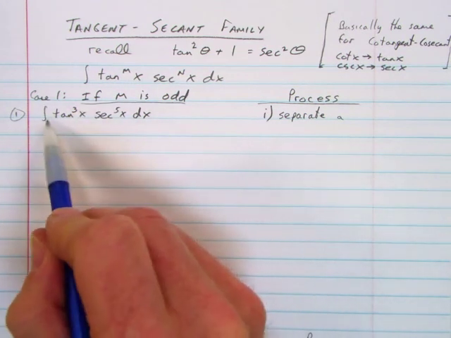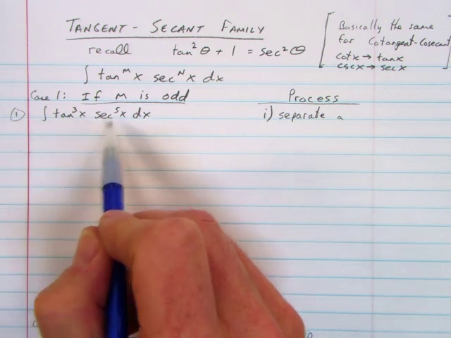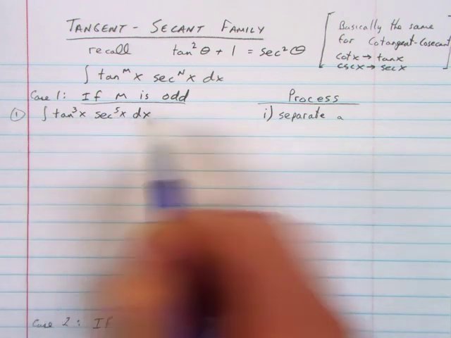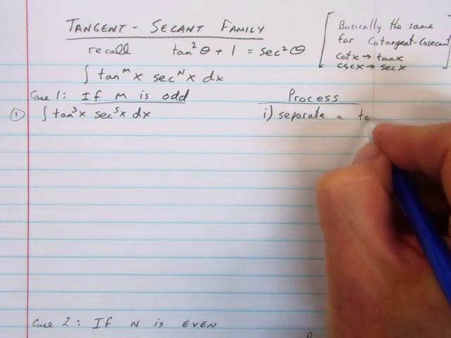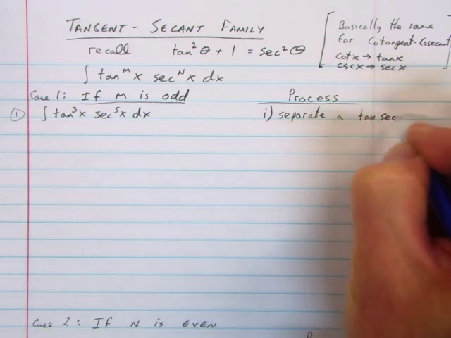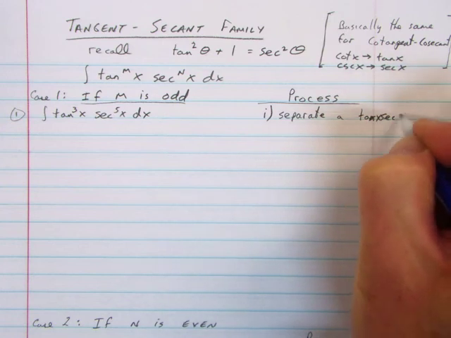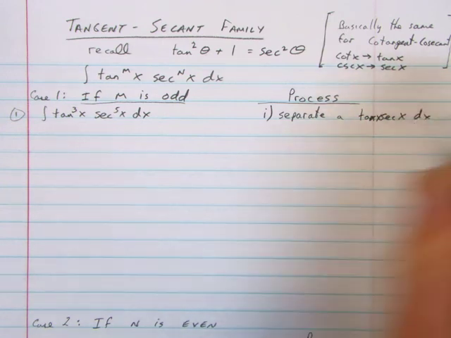So here's an example. We have integral of tan cubed x secant to the 5th x dx. What we're going to do for this one is separate a tan x secant x dx.